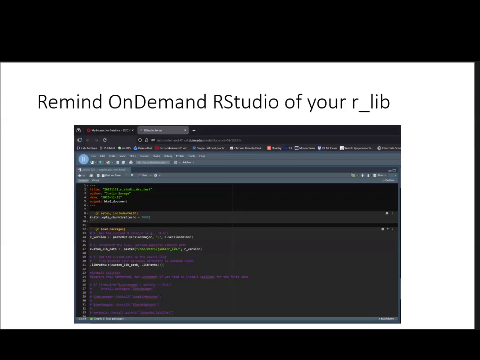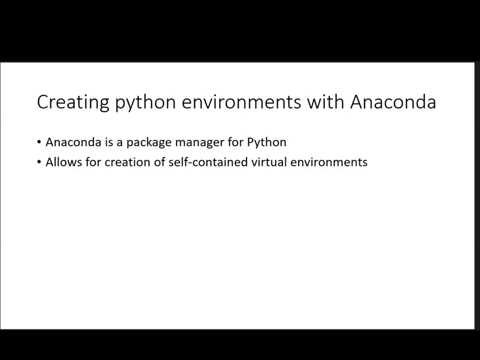All right. So Python is quite similar. Python has a better way to manage packages called environments. The main way that you use this is through software called Anaconda, and it will manage packages. It's a little bit smarter than R in that Anaconda will keep track of which packages work together.